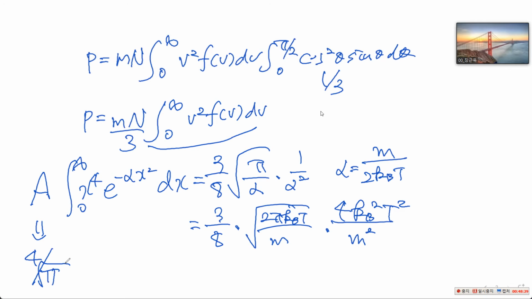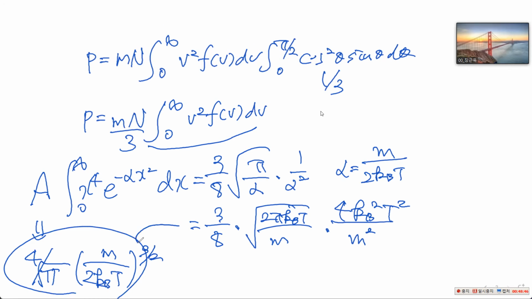Go to page 155. There is the factor 2 pi kBT over m to the 3 divided by 2. So we have to multiply here.